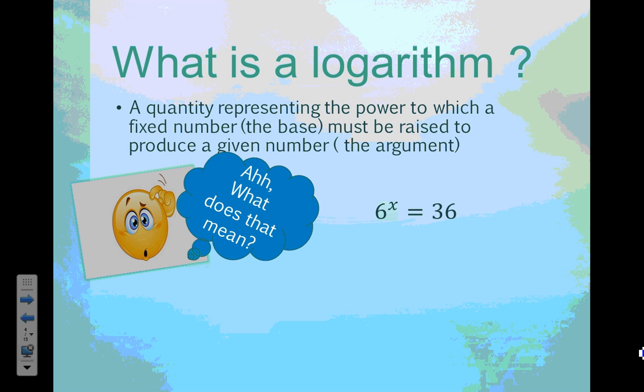So you want to know, what is this x? 6 raised to what power gives me 36? Well, we all know that 6 multiplied by 6 gives us a product of 36. How many times you multiply 6 by itself? You multiply it by itself twice. So thus forth, we write 6 squared equal to 36.